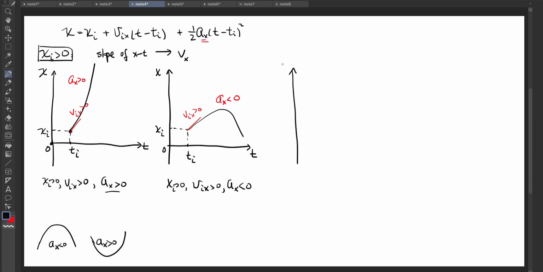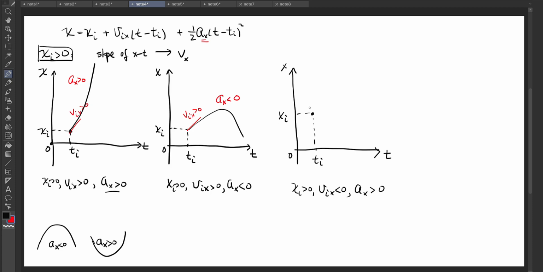Now the third case. Ti, again, I need to do this initial position xi. And then let's change the initial velocity sign. Let's say it's negative. So I have xi positive, Vix negative, ax positive. Okay, how about that?